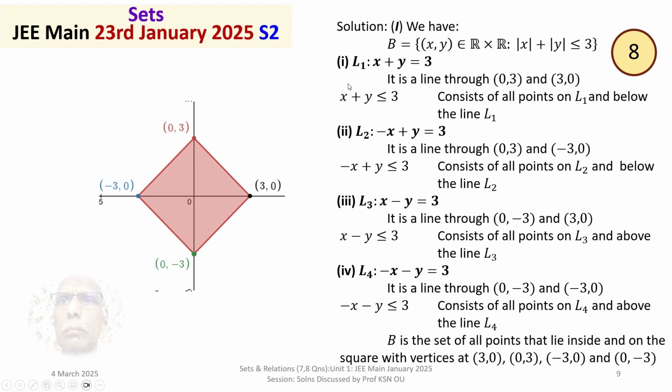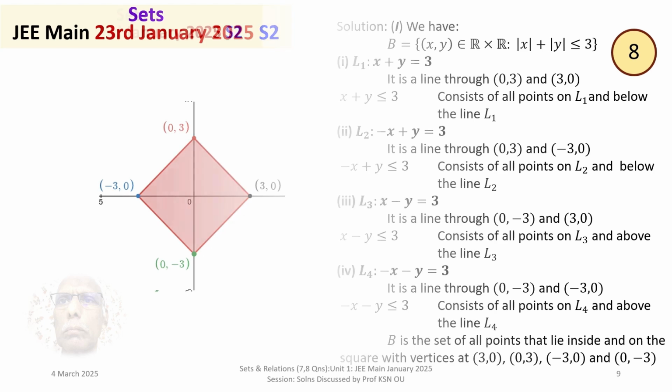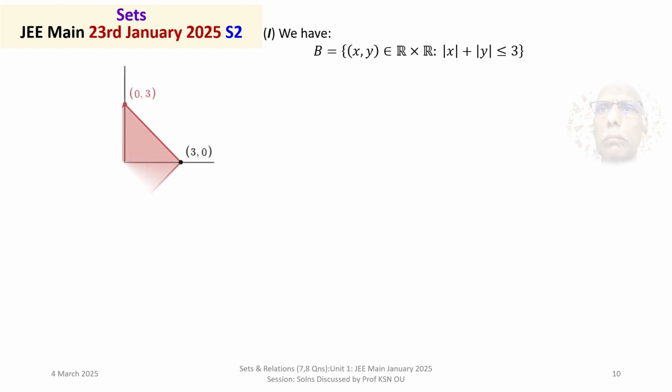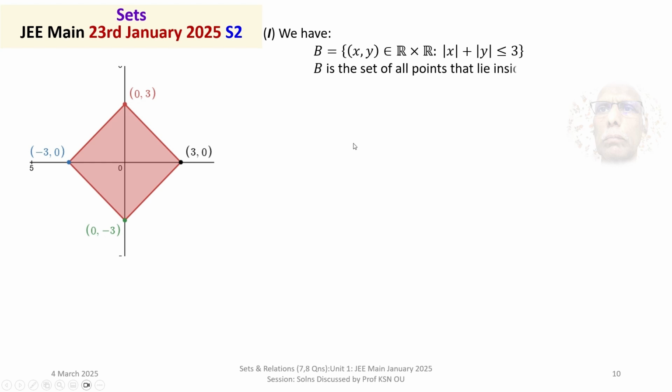Right. So the B, capital B we got, and we have to go to capital A and take its intersection. Right. So we have B, and we have represented B here, and B is the set of all points that lie inside and on the square with vertices as shown here.